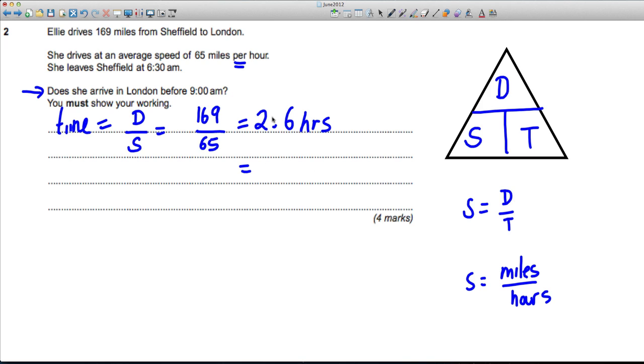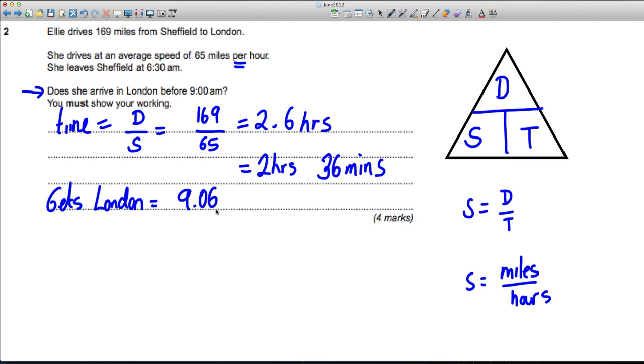Okay, so what is that exactly? Well, that's 2 hours, and 0.6 of an hour is 0.6 times 60 minutes, which is 36 minutes. So 2 hours and 36 minutes. So if she leaves Sheffield at 6:30, she gets to London 2 hours and 36 minutes after this, so it would be at 9:06 a.m. So you need to answer the question, does she arrive in London before 9 a.m?